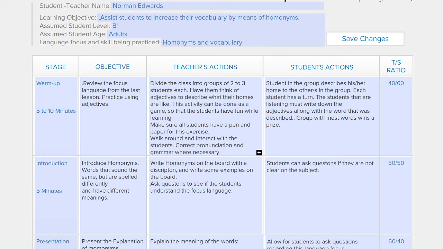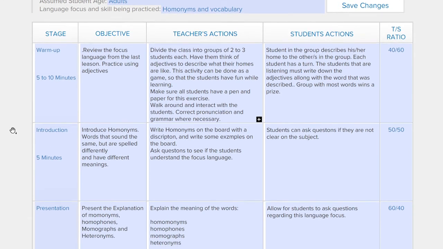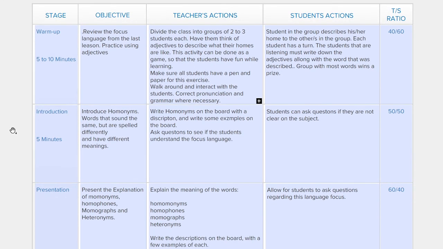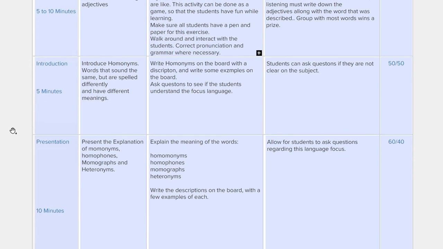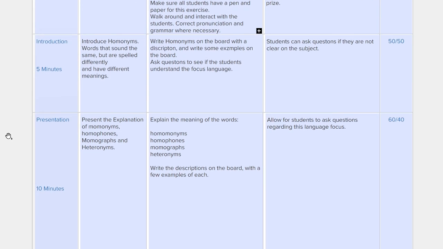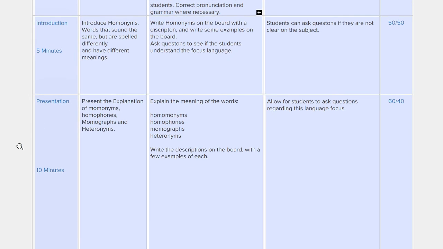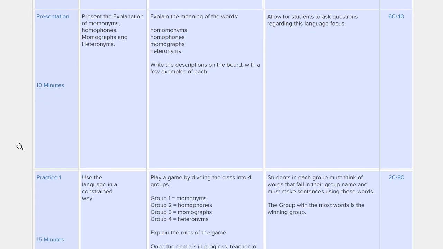The TS ratio is really the talk time ratio between teacher and student. You always want the students to talk more. The teacher should really talk less. Of course, in some parts it may be required that the teacher talks slightly more than the student, for the first time when presenting the new grammar. Under presentation, the teacher will do most of the talking, but after that it will swing around.